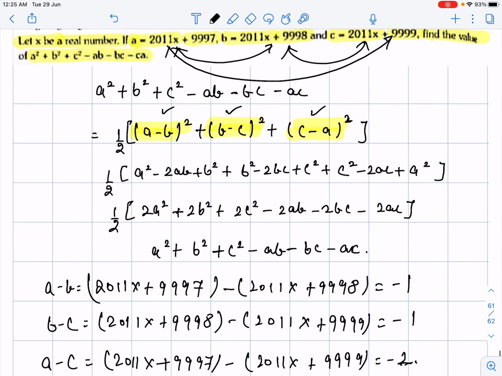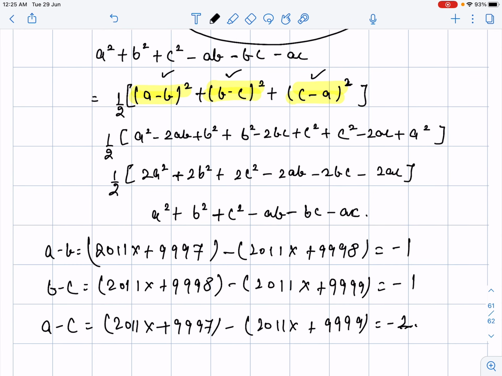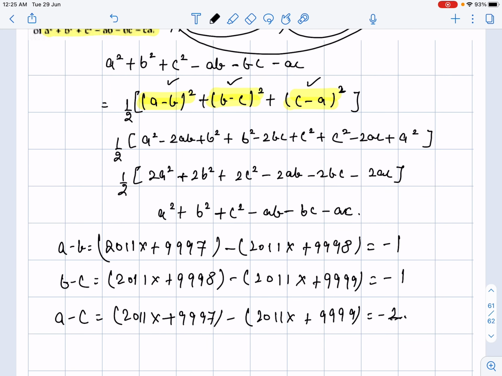So guys, we will make use of this to solve the question further. We will write a square plus b square plus c square minus ab minus bc minus ac is equal to 1 by 2 times (a minus b is minus 1) the whole square, plus (b minus c is minus 1) the whole square, and c minus a will become 2 because a minus c is minus 2, so 2 square.